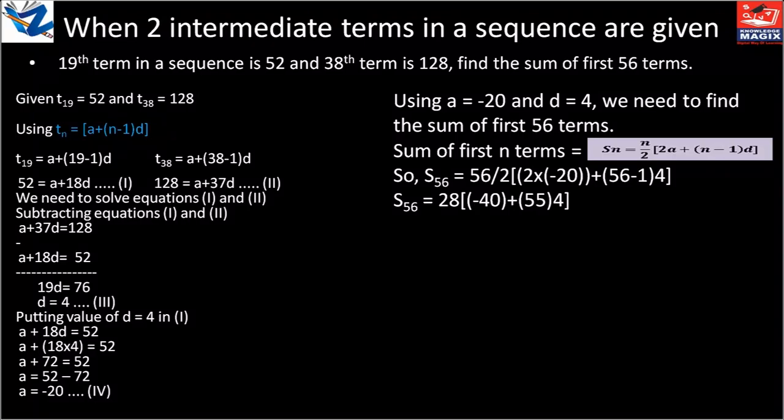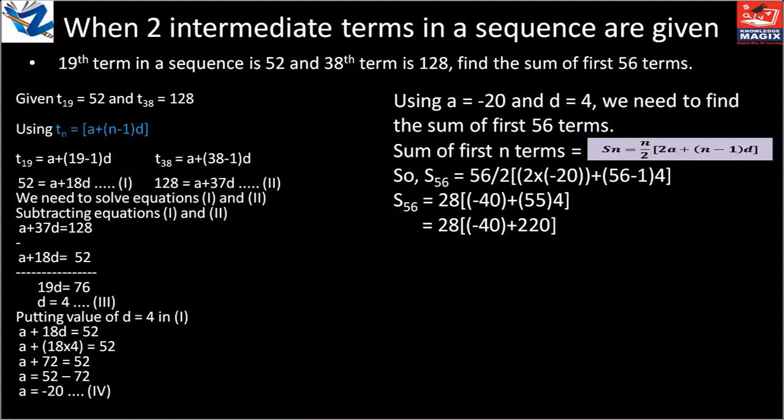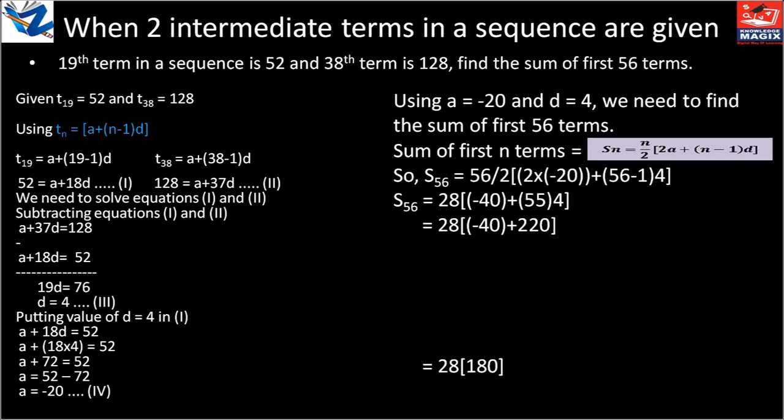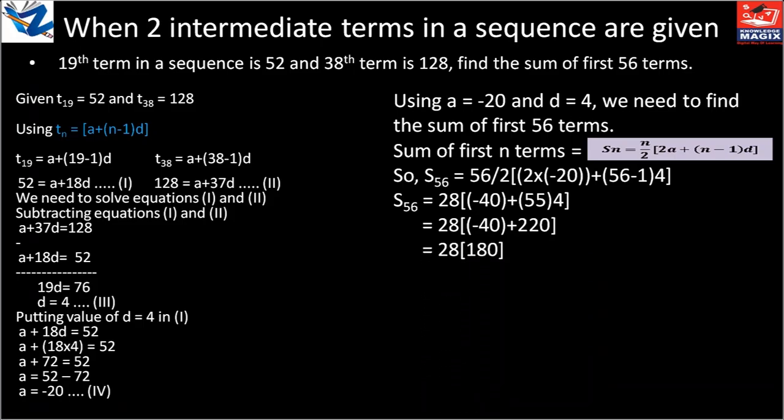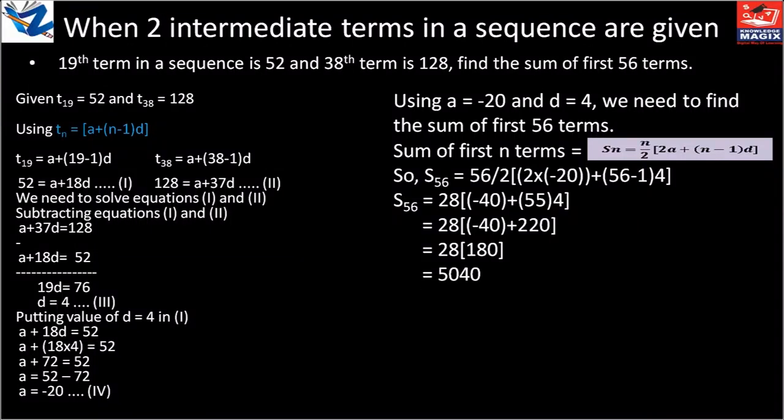S56 is equal to 28 into minus 40 plus 55 into 4. 28 into minus 40 plus 220 is equal to 28 into 180 is equal to 5040. Answer: sum of first 56 terms is 5040.